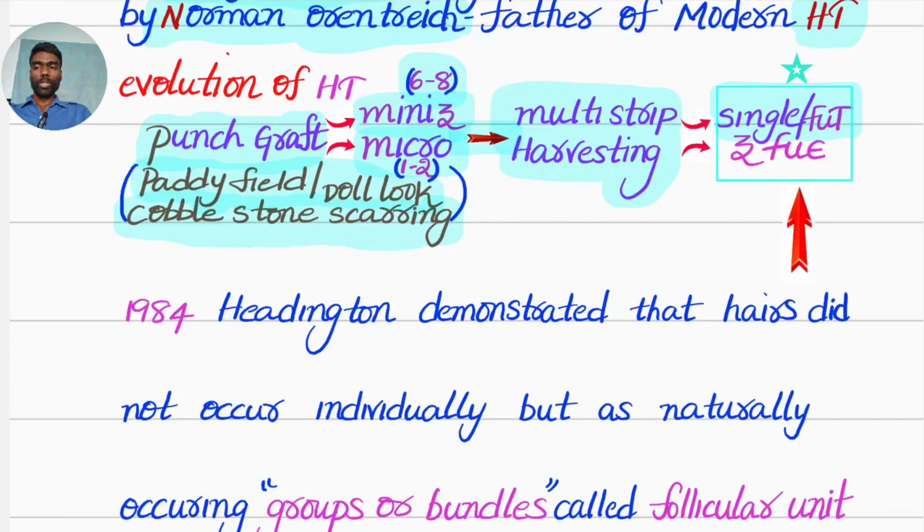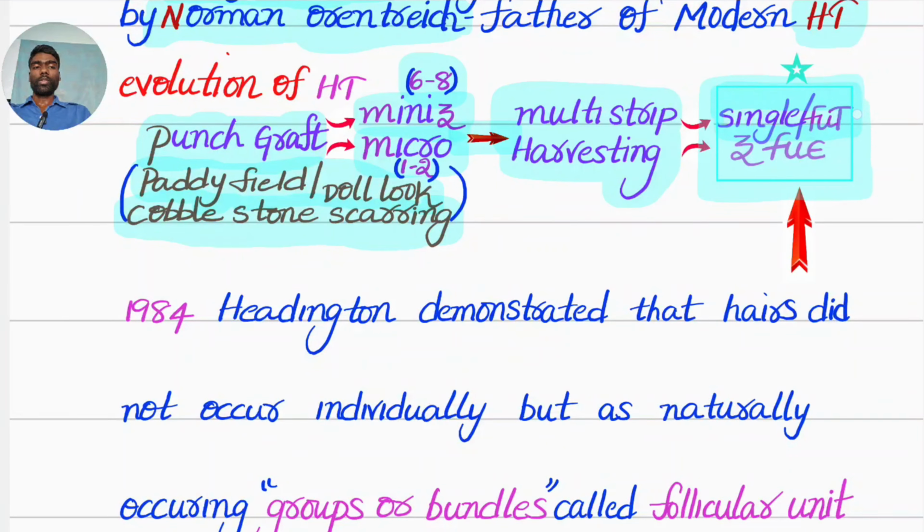Later, without any scar, we can directly harvest and implant hair by the follicular unit excision method. This is the latest and most widely used method, follicular unit excision.